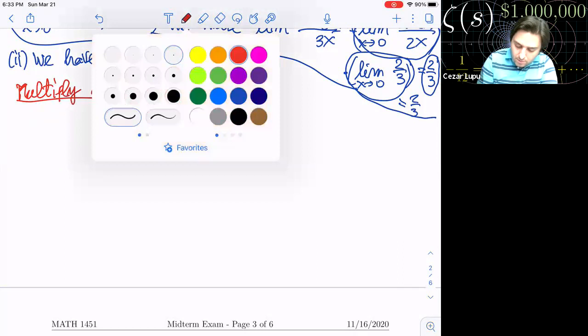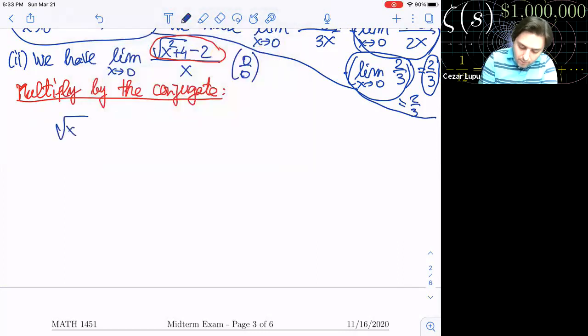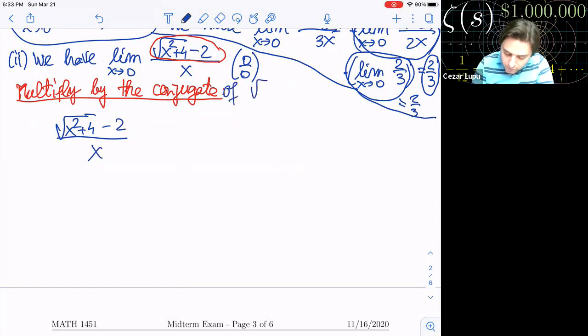Multiply by the conjugate. So we have the square root of x squared plus 4 minus 2 over x. So what is the conjugate of, and let me be more specific here, the square root of x squared plus 4 minus 2?